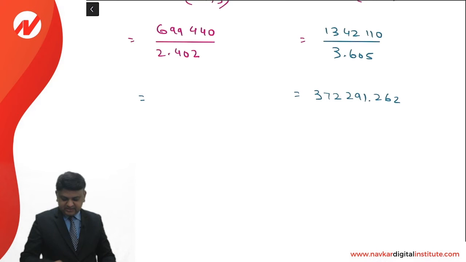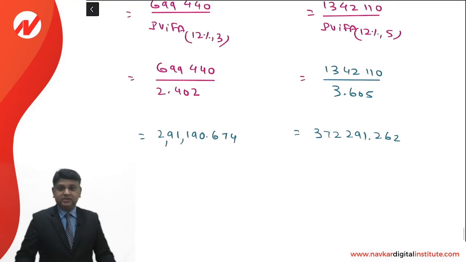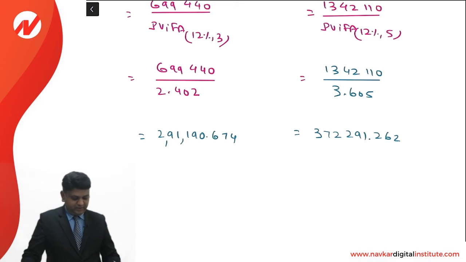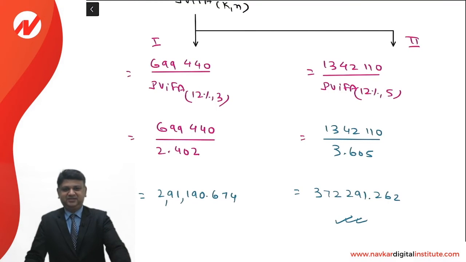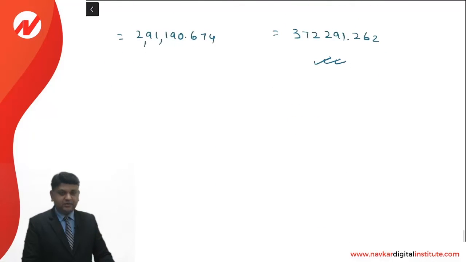In that case the answer is 2,91,190.674. This is the way we are required to compute the equalized annual NPV. And of course we understand the option which is having higher equalized annual NPV will be selected. So based on this working, we can say that the company would be advised to buy machinery B.